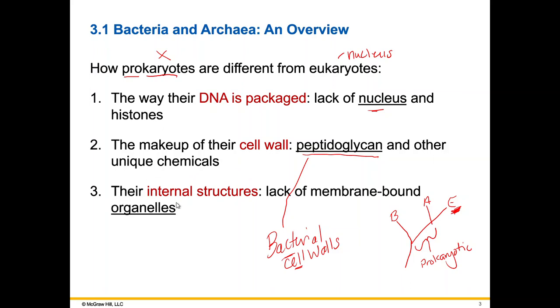Additionally, bacteria have internal structures that are different compared to our eukaryotic cells. So in eukaryotic cells, they have lots of what we call membrane-bound organelles. And that's just essentially a fancy way of saying that these eukaryotic cells have tiny organs.